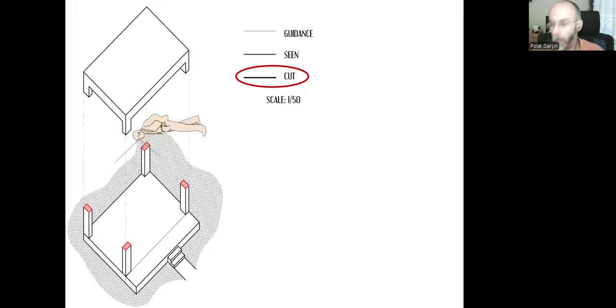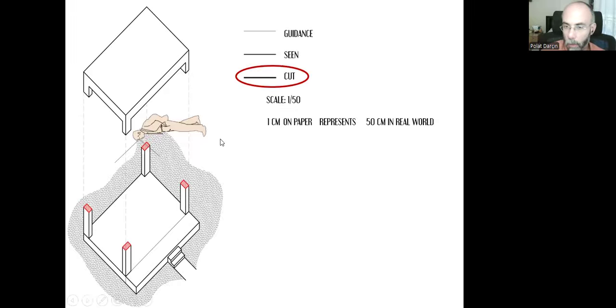However, on your paper, you are going to do a scale drawing, which means that you are going to create a 50 times smaller version of the real thing. That means that a 1 centimeter line on your paper will be representing a 50 centimeter measurement size in the real world.